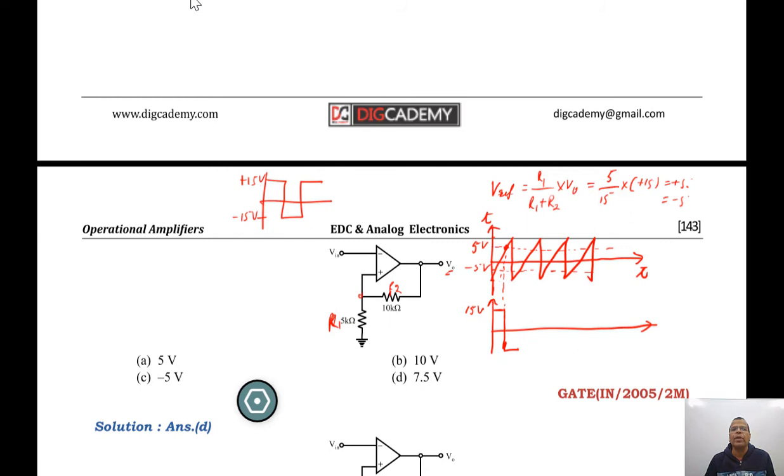It goes to peak, so input remains more than this voltage, then comes to this value. So my reference level is now not plus 5 volt, it has changed to minus 5 volt, means this level.